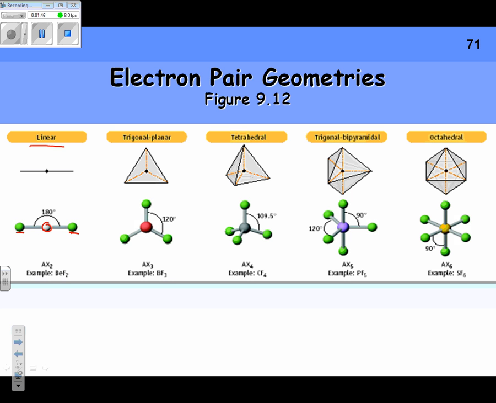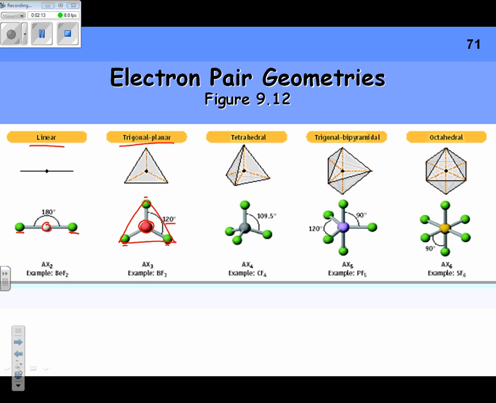If we have a center atom bonded to three atoms, they space themselves out evenly, and we get a 120-degree bond angle, called trigonal planar. It makes the basic shape of a triangle, and it's all in one plane, so still two dimensions there.